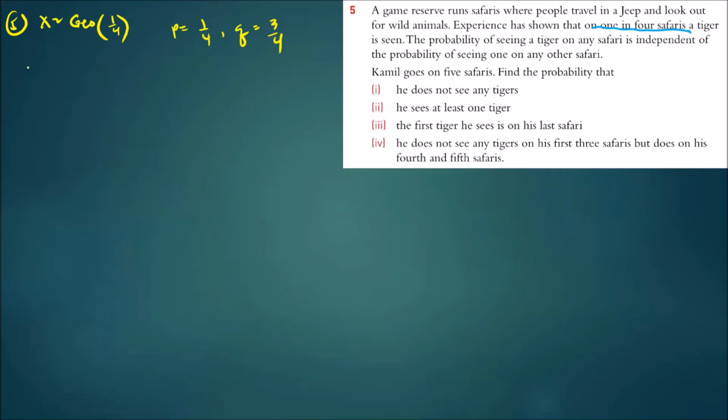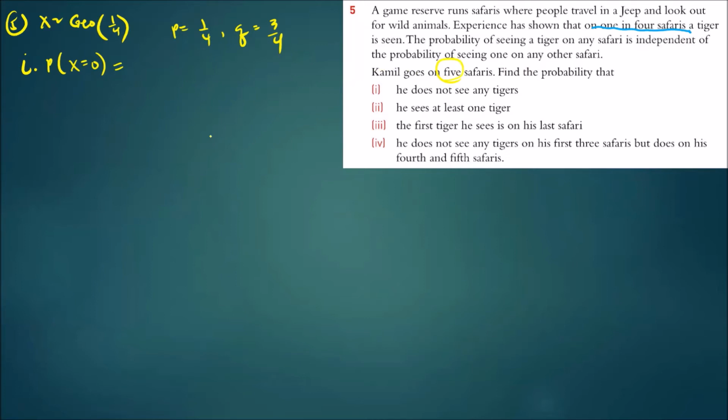Okay, so we're going to find the probability, that is I. I would be the probability that he does not see any tigers. So that's the probability that X is equal to 0. And we know that Camille goes on 5 safaris.